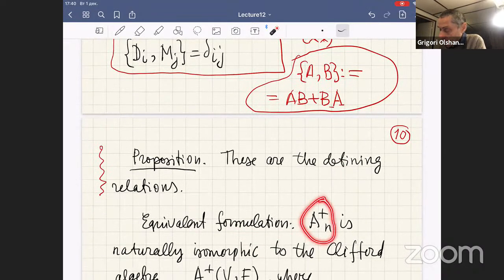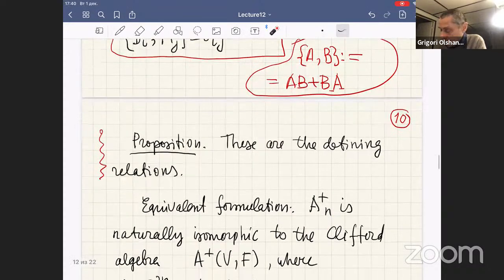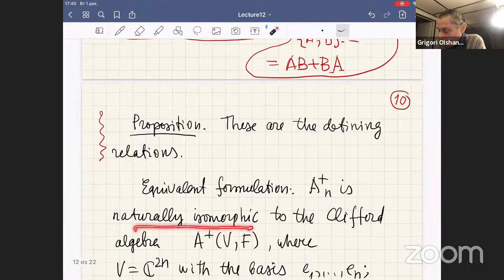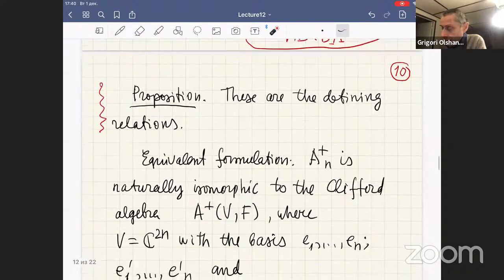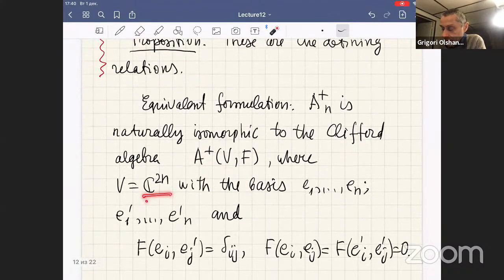Our algebra of Grassmann differential operators is naturally isomorphic to the universal algebra assigned to quadratic spaces, with V the same space as before, and a similar form, but now it is assumed to be symmetric and not symplectic. So this is the definition.